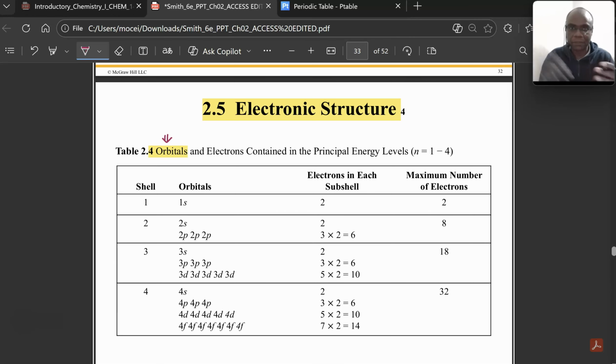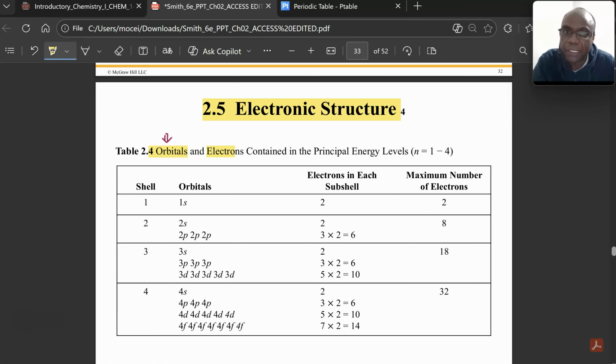Electrons keep on moving around, so there's this random space where you're likely to find an electron, and we call it an orbital. This table shows you orbitals and electrons contained in their principal energy shells from n equals 1 to n equals 4.